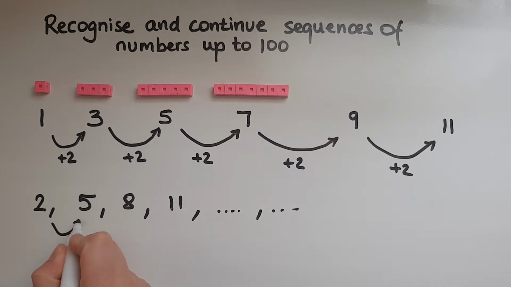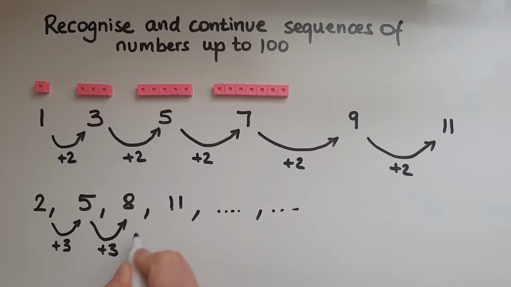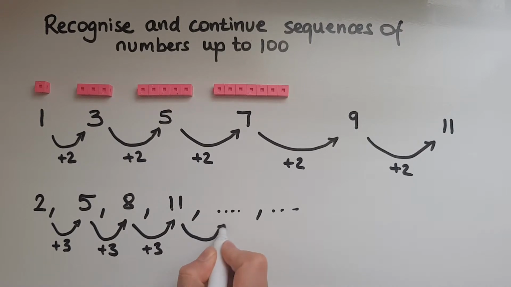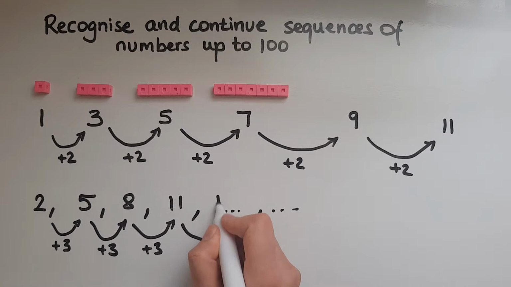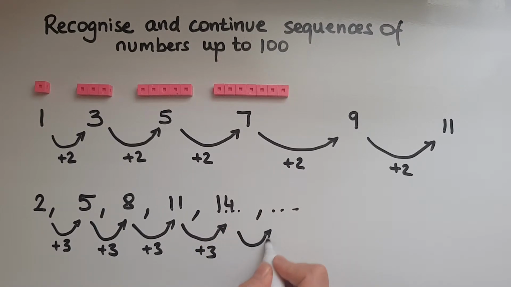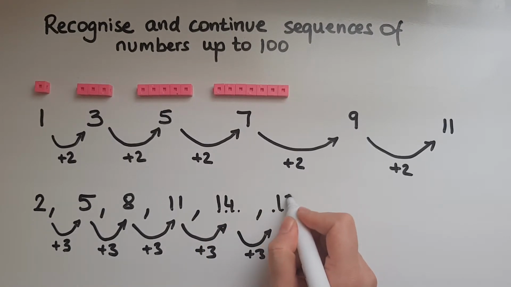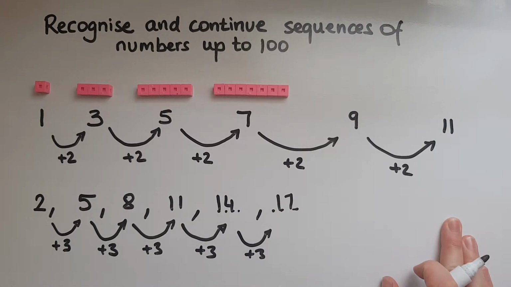We add 3. Let's see if that's the case from 5 to 8, and that is the case. 8 to 11, we add 3. So to get to the next one, we must add 3. So that means we're going to get 14 here, add 3 again to get 17, and so on. So that's another example of a sequence.